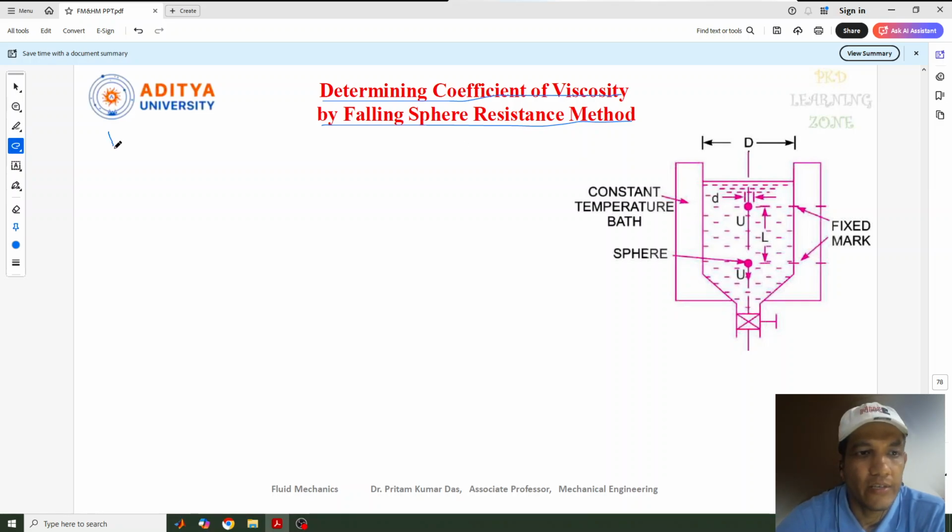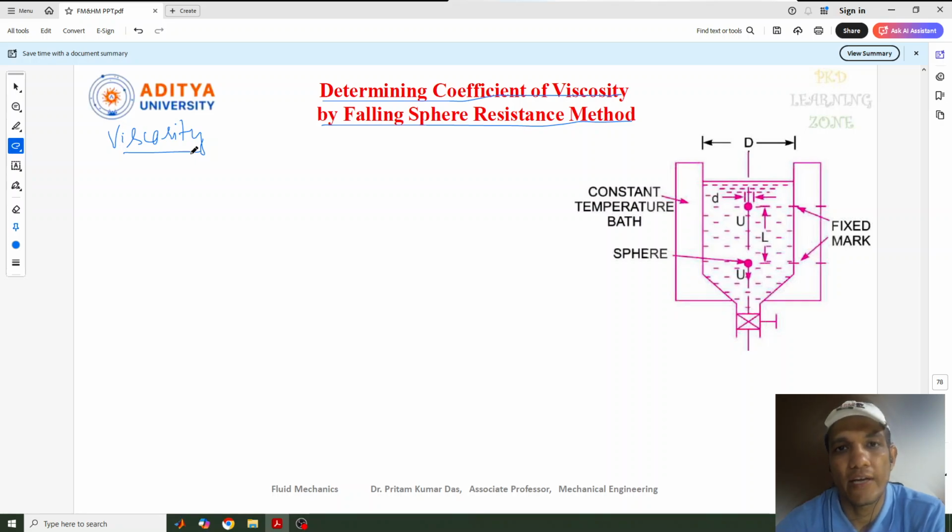Viscosity we have studied in our starting lectures, during the properties of fluids. We can define viscosity as a measure of a fluid's resistance to flow, and also as the internal friction of a moving fluid. When the fluid is moving, we can say whether the fluid is highly viscous or less viscous.